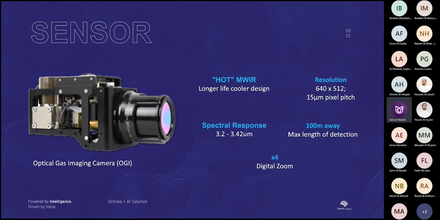It can detect leaks from 100 meters away, and of course it has 4 times digital zoom. We will see some good examples of videos from this camera in our use cases. Also, it weighs only 542 grams, which is good as a payload for a drone.